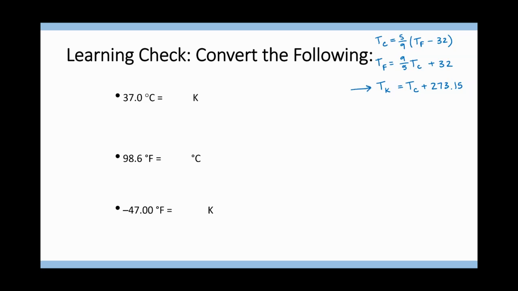We add 273.15 to 37.0 degrees Celsius, and you would get 310.15. But since we're adding, we have to end at the tenths unit here. So the actual answer with the correct number of sig figs is 310.2 Kelvin.